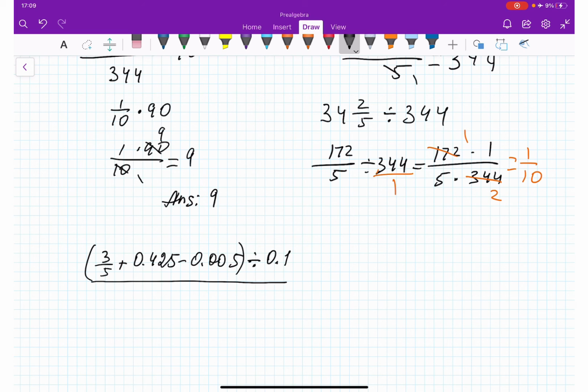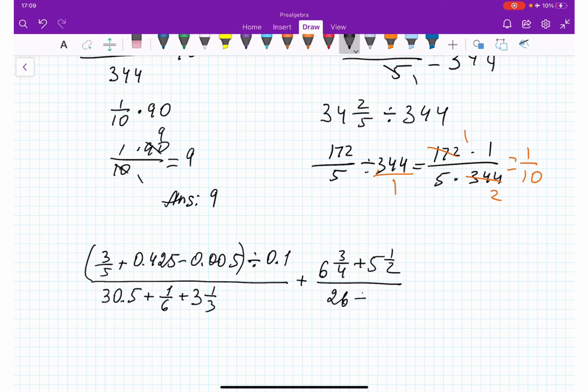And in denominator 30.5 plus 1/6 plus 3 and 1/3, plus 6 and 3/4 plus 5 and 1/2. All this divided by 26 divided by 3 and 5/7 and minus 0.05.